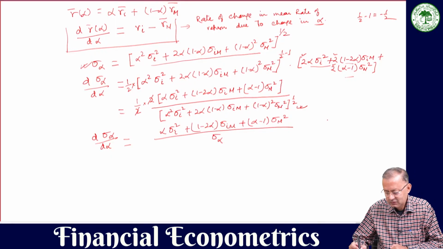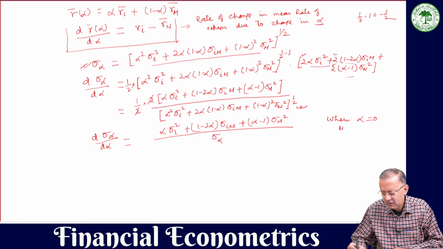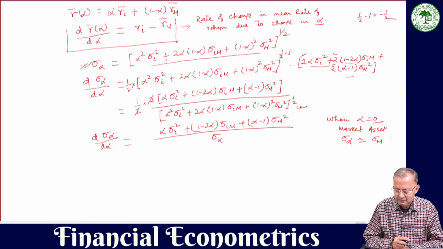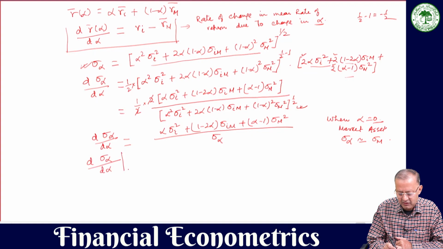Now, when alpha is equal to 0, the entire assets become the market asset. And this sigma alpha, for alpha equal to 0, can be replaced by sigma m. So what about the value of d sigma alpha upon d alpha when alpha is equal to 0?